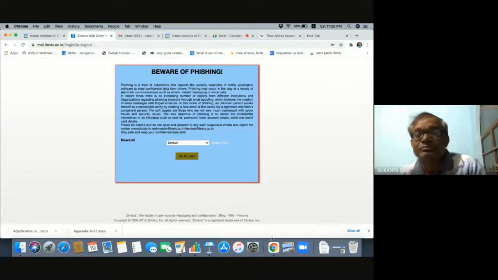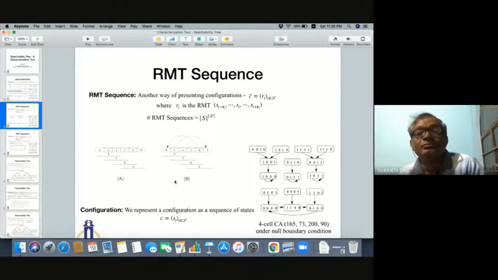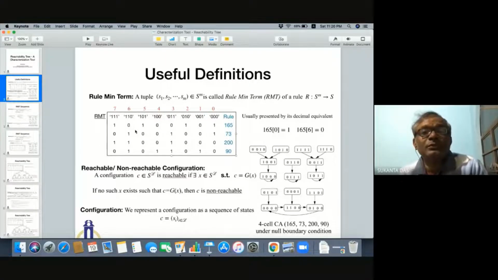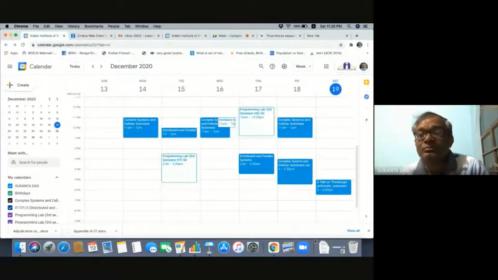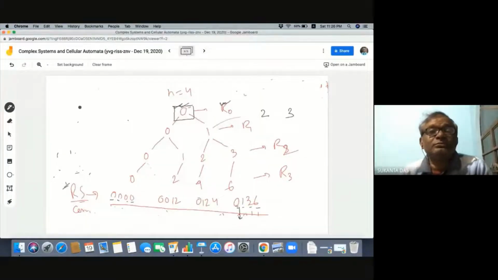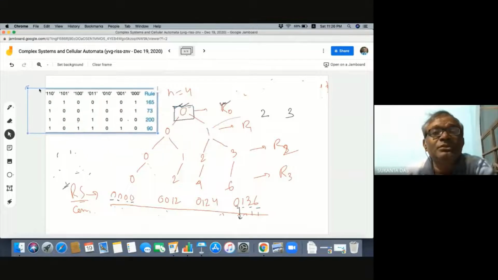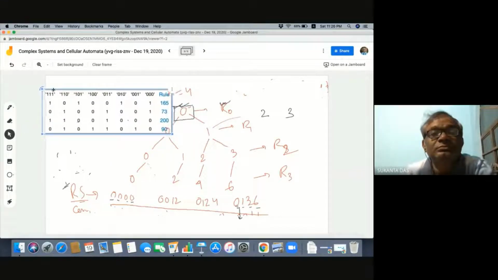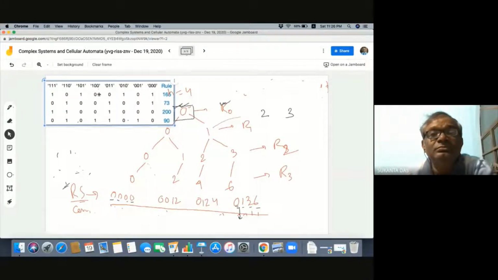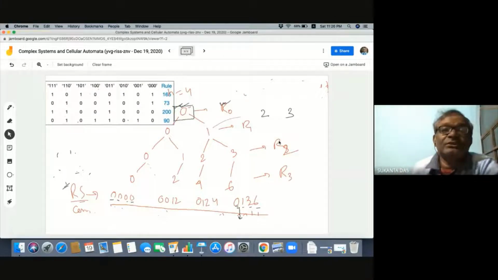Suppose this is my CA, and my rule vector is like this.